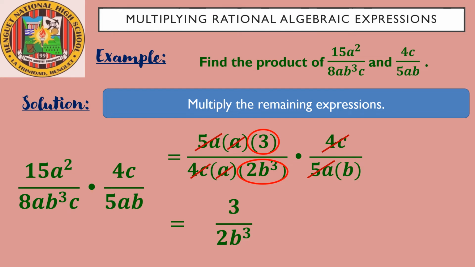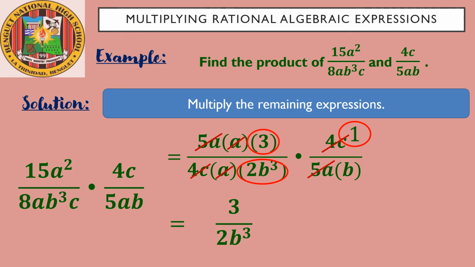For the second RAE, we canceled out 4c, which leaves 1 in the numerator. Take note, if you cancel out a factor like 4c, the numerator does not disappear because 1 remains as a constant factor to expressions.